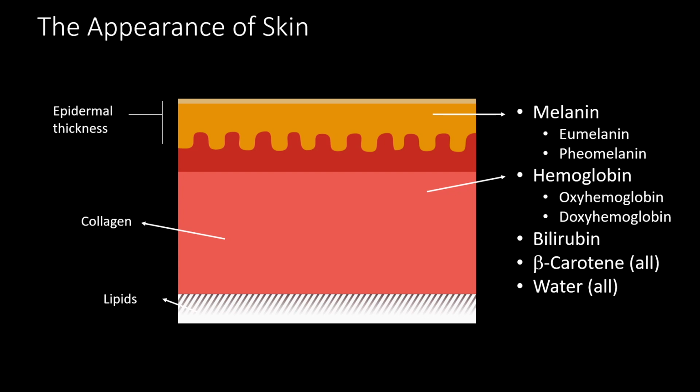Bilirubin, also present in the blood. Beta-carotene, which is an orange chromophore that depends mostly on diet and is present throughout the skin layers. And water, also included here since its absorption is negligible in the visible range but is significant in the infrared, for instance.